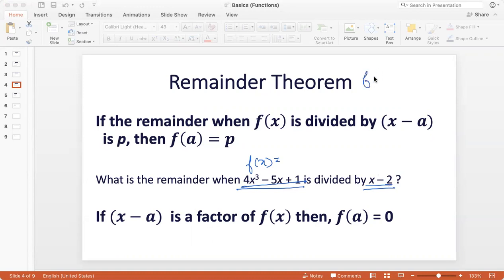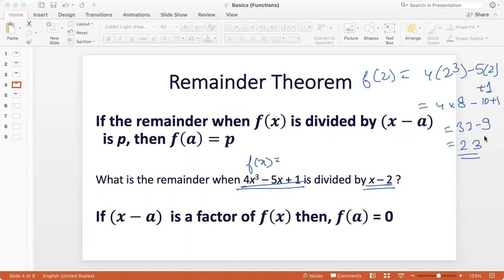So if I find f of 2, that is 4 times 2 cubed minus 5 times 2 plus 1, which is 4 times 8 minus 10 plus 1, 32 minus 9, which is 23. So when I divide this function, 4x cubed minus 5x plus 1 by x minus 2, my remainder is going to be 23.